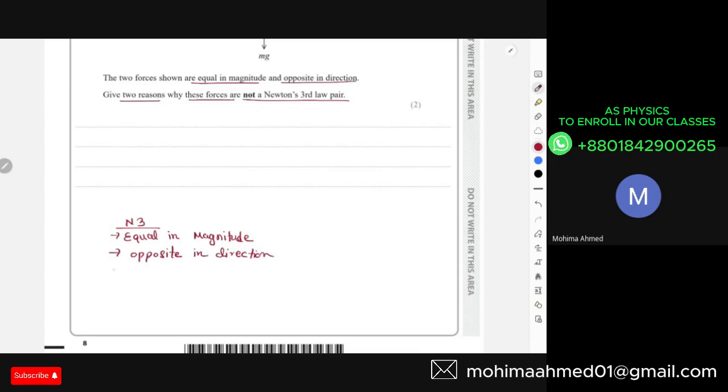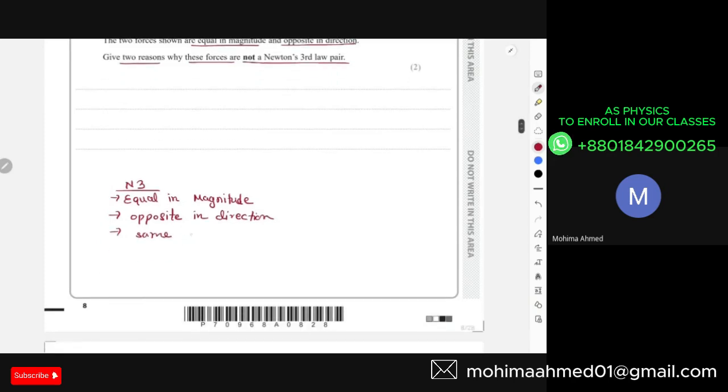The other one is that they have the same line of action, meaning they both act in the vertical plane or both in the horizontal plane. So: equal magnitude, opposite direction, same line of action. And what else? They must act on two different bodies.